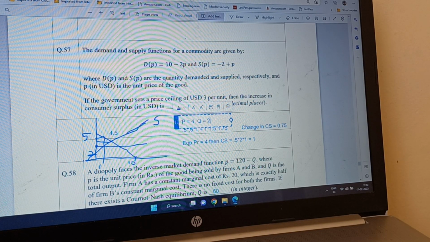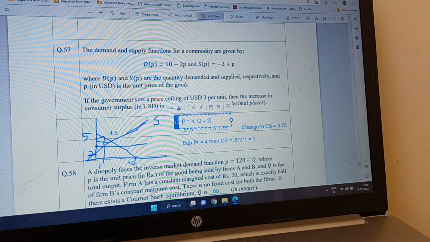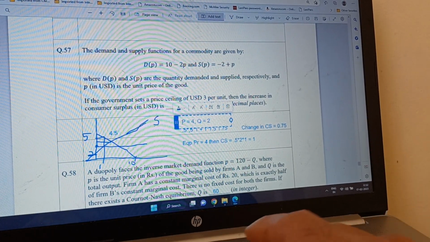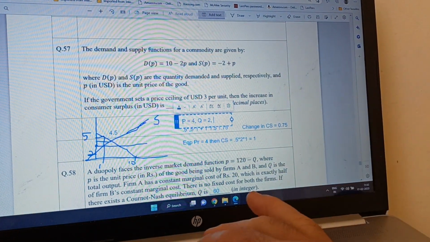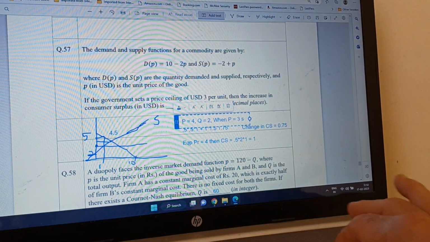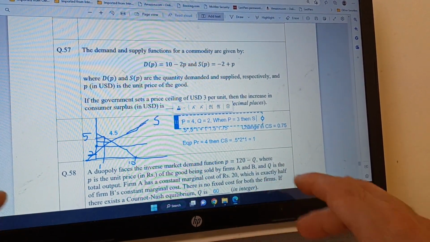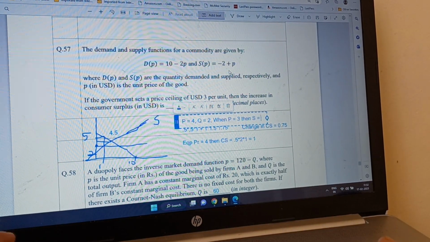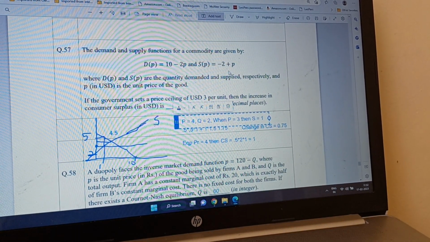Now the government sets the price to 3. It reduces from 4 to 3. So what will happen? How much will be supplied then? We have to go by the S curve. When P is equal to 3, then S is equal to minus 2 plus 3, which is equal to 1. Only 1. What is the demand?